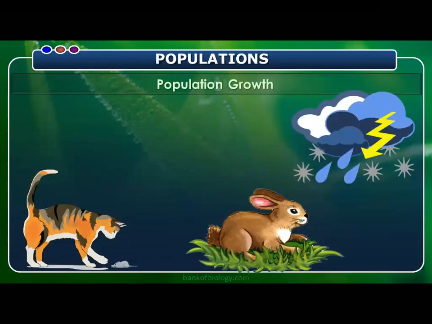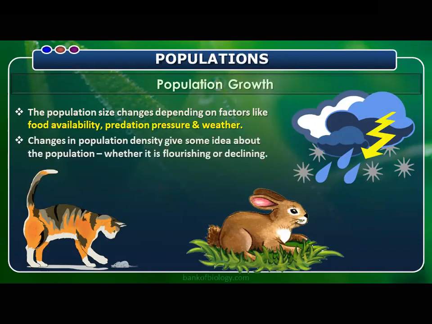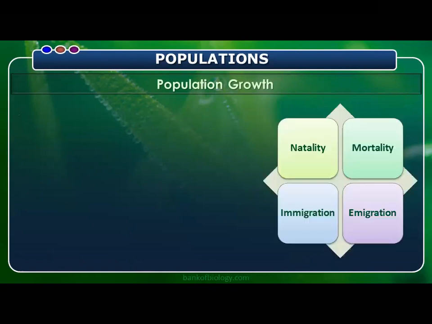Then moving on to population growth. Population growth is also one of the attributes. The population size changes depending on factors like food availability, predation pressure, and weather. Changes in the population density give some idea about the population, whether it is flourishing or declining. So what influences it? Natality, mortality, immigration, emigration.